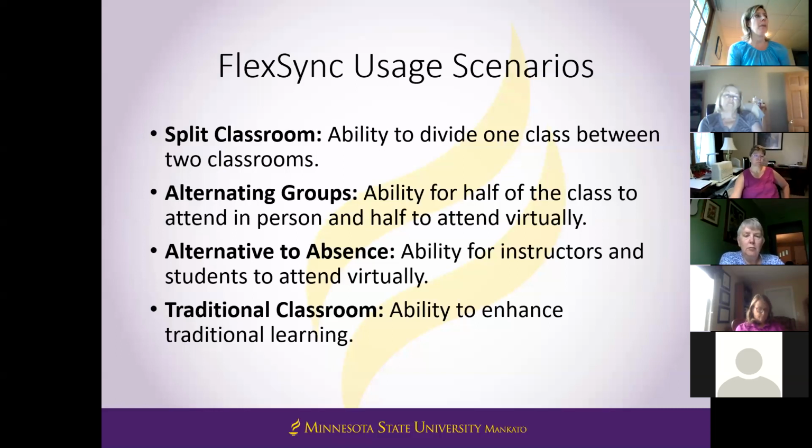It will obviously allow us to have alternating groups. We know right now, based on the social distancing guidelines in place for us, that we are not going to be able to allow all of our students to attend our classes at one time.